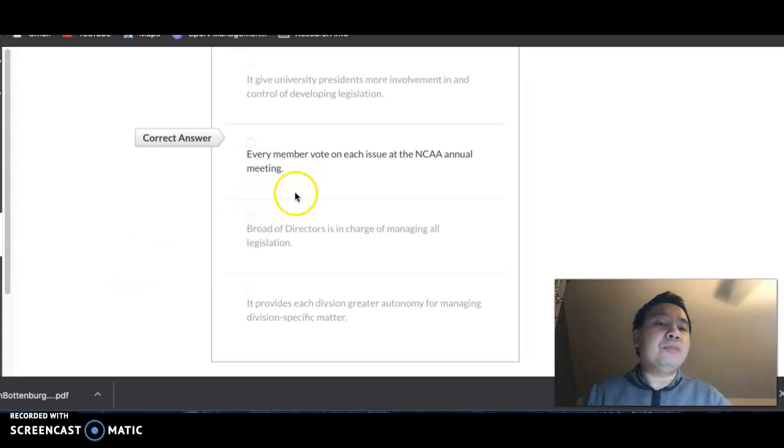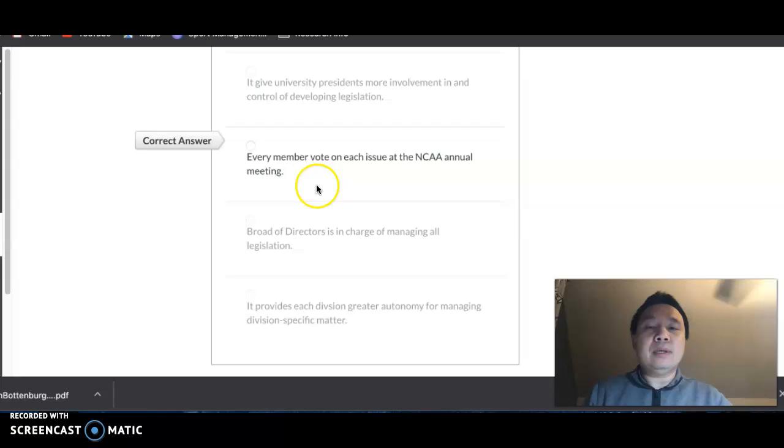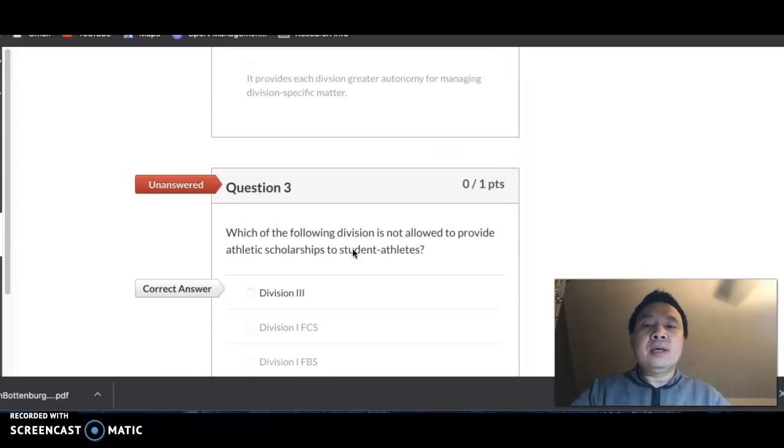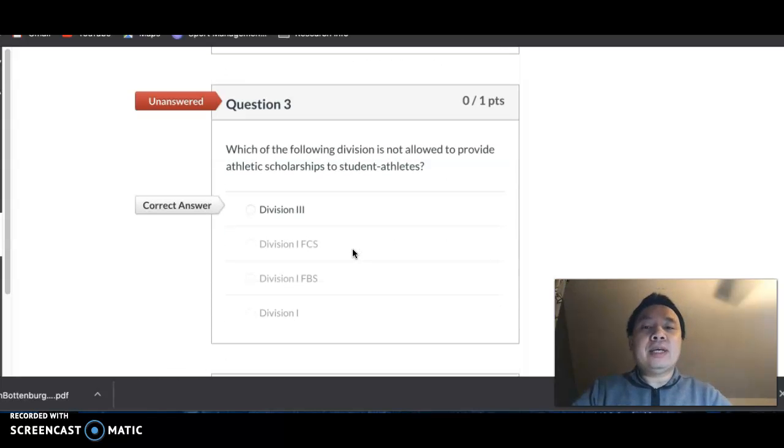Because here it said each member, and the NCAA's members are those institutions, not the conferences. So that's why this is the correct answer. These are incorrect statements to explain the association-wide structures and division-specific structures that are utilized by the NCAA right now.